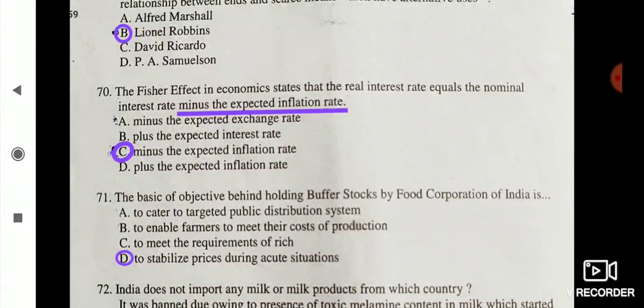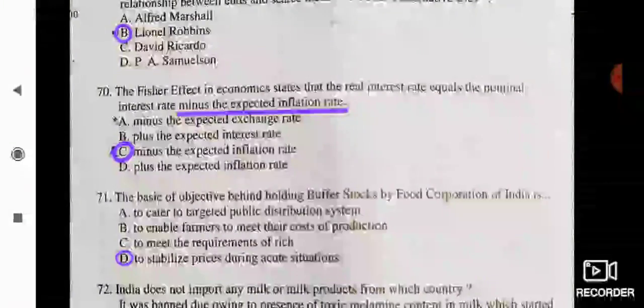Actually, real interest rate is equal to nominal interest rate minus expected rate of inflation. But remember, real interest rate is equal to nominal interest rate minus expected rate of inflation.